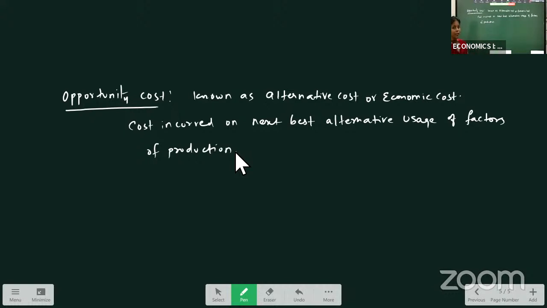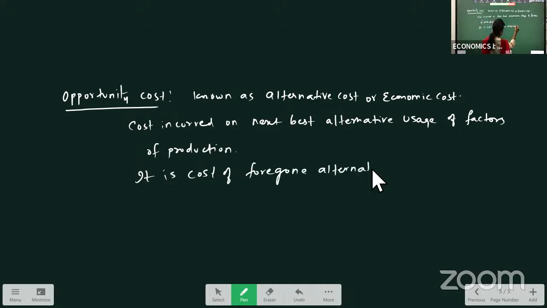So it is the next best alternative which I choose here, and the other is foregone by the factor. So this is called opportunity cost, or we can also say opportunity cost is the cost of foregone alternative. Okay, so this is called opportunity cost.